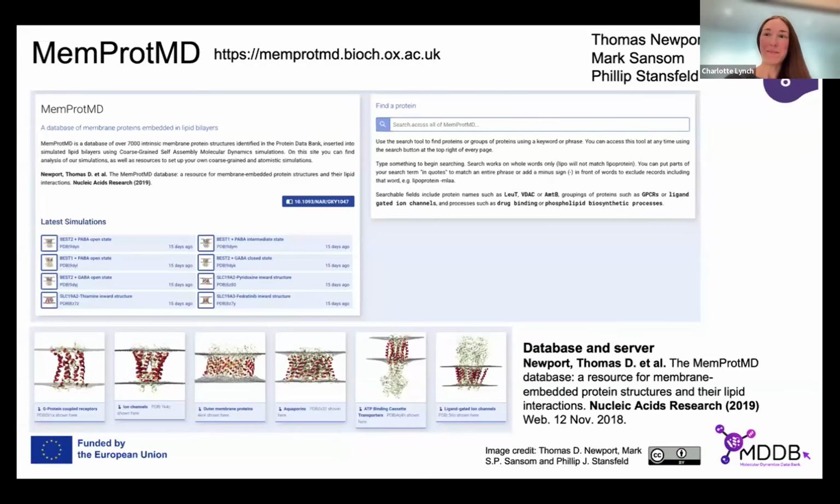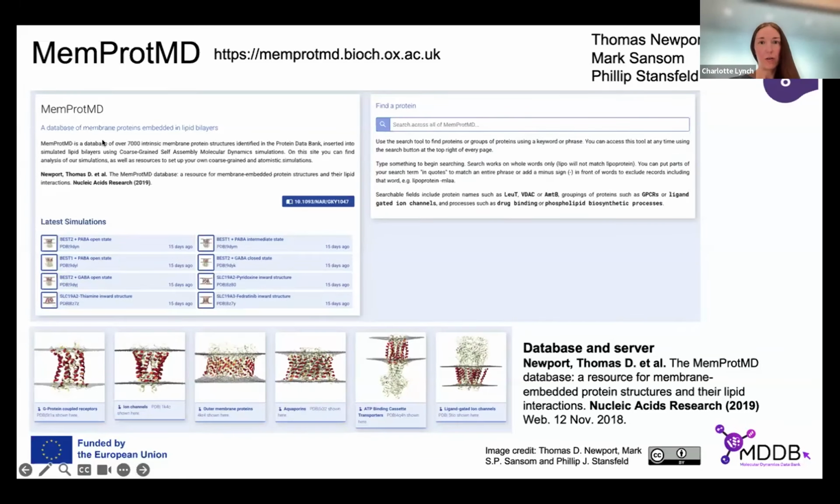So more about MemProtMD. There's a web interface, which you can access via here. And this is a project that's been running now for about a decade or so. It has a web interface, which was designed by Tom Newport.